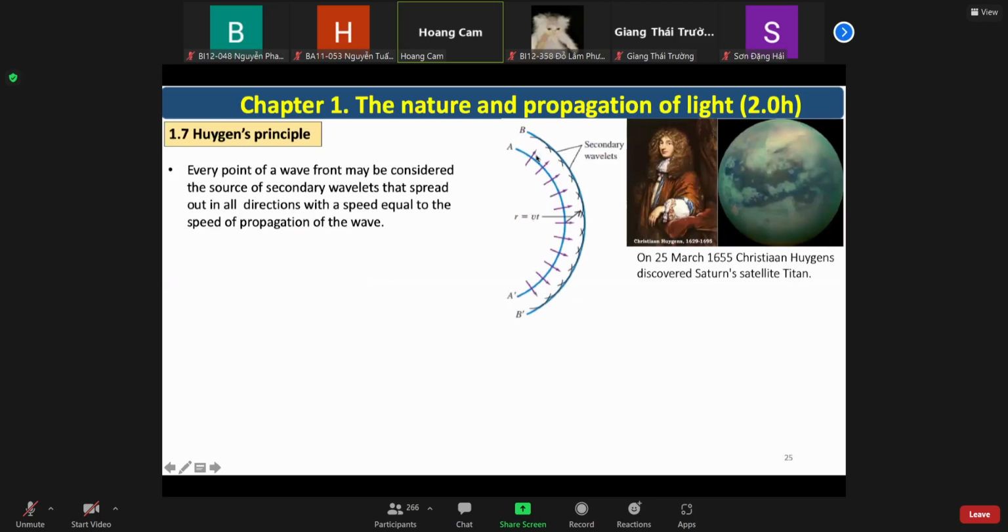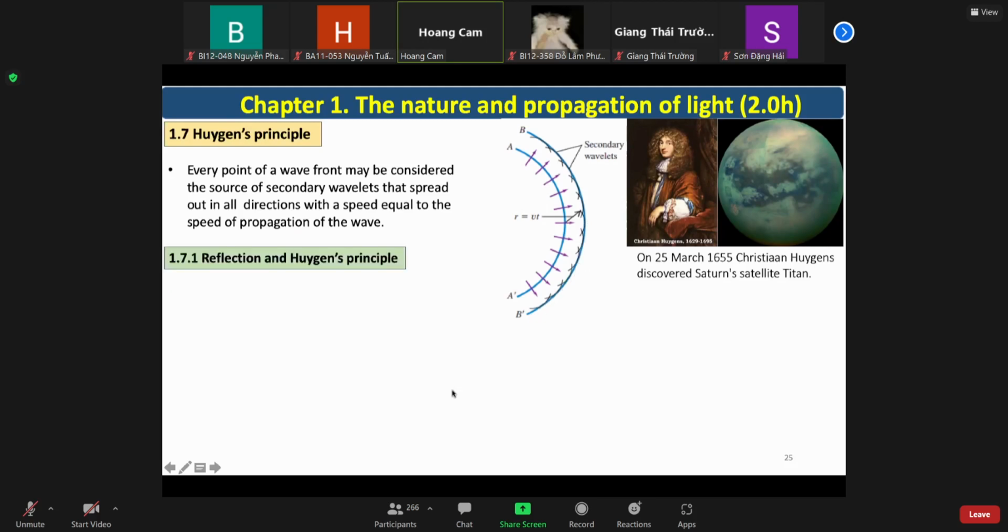Each point makes a new spherical wavelet, and the envelope of all those wavelets makes the wavefront.